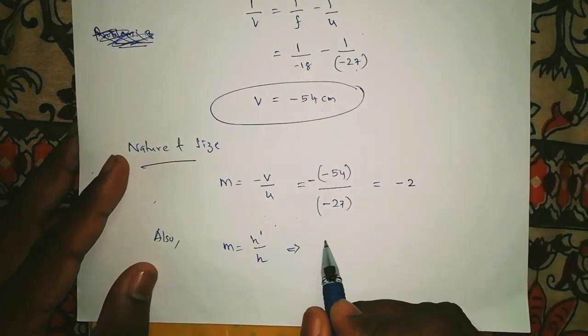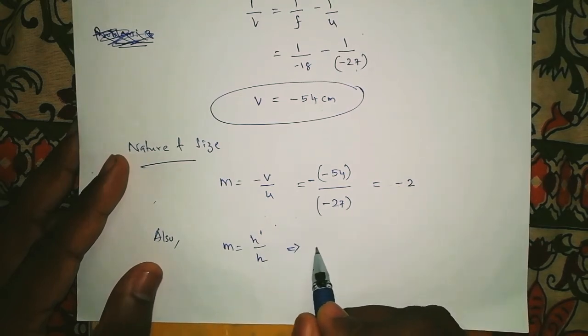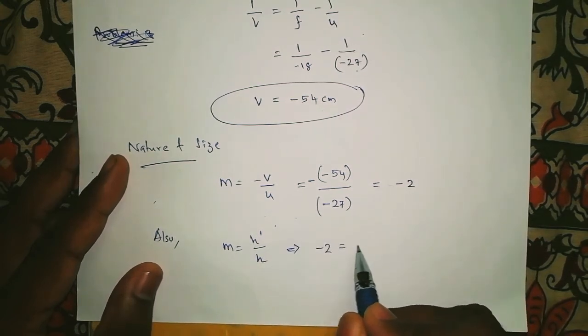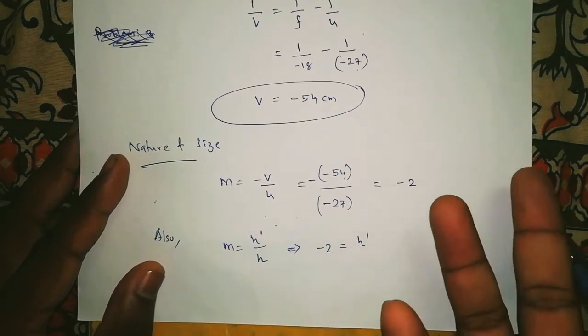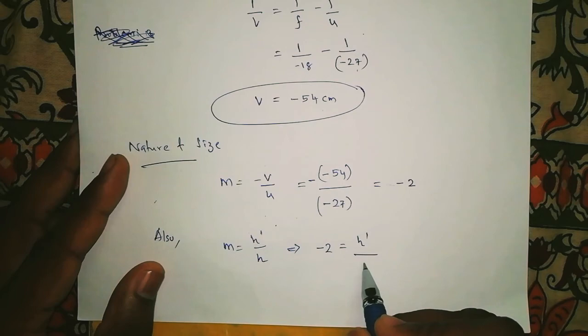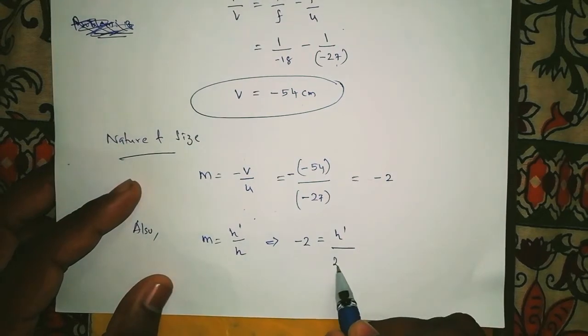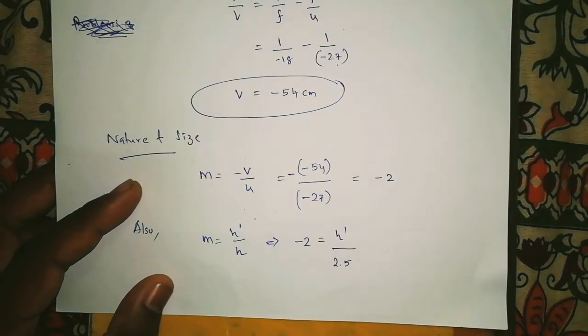We already know m, we just found it is minus 2. And h dash we don't know, but the height of the object we know, in the starting itself it is 2.5 centimeter. So we put it here.